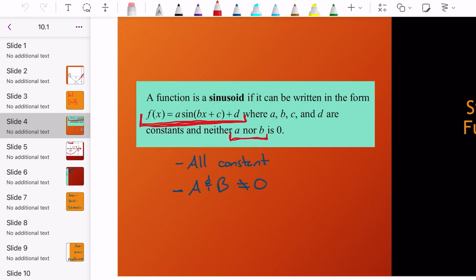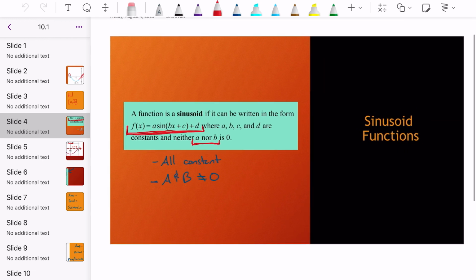On slide 4, we start going over a sinusoid function. Now, this is extremely important because you have to keep in mind what the original equation is. This is the function y equals a times sine of bx plus c, plus d. Now, a, b, c, as well as d, are all constants, but we cannot have a or b equal 0.